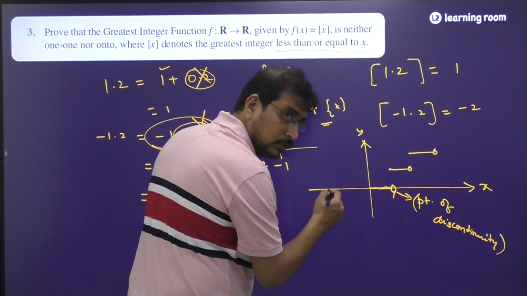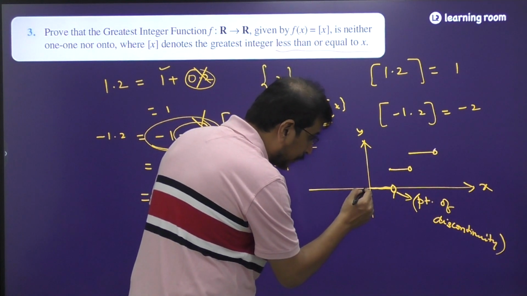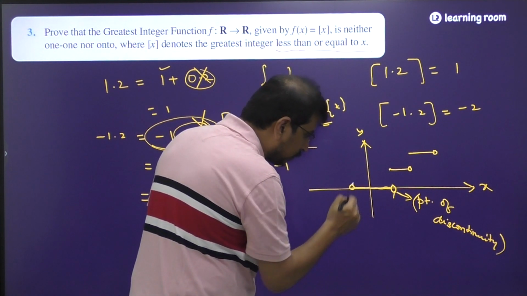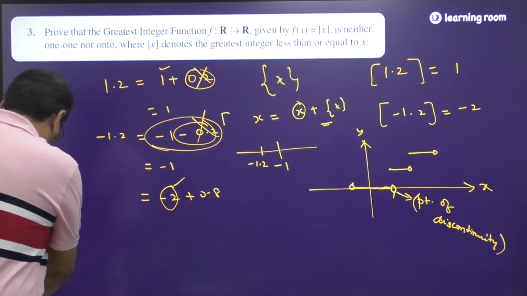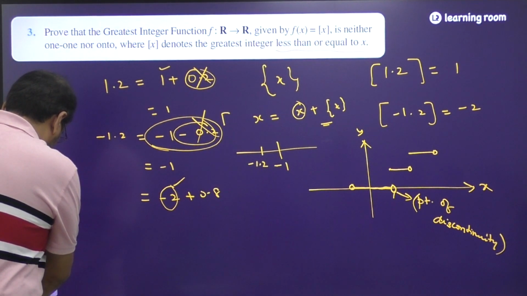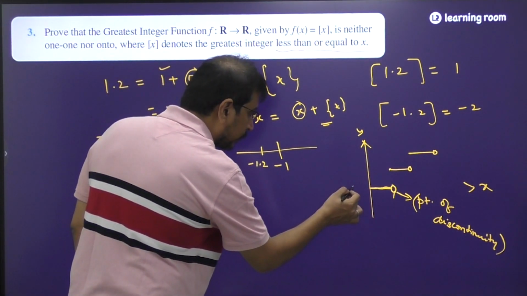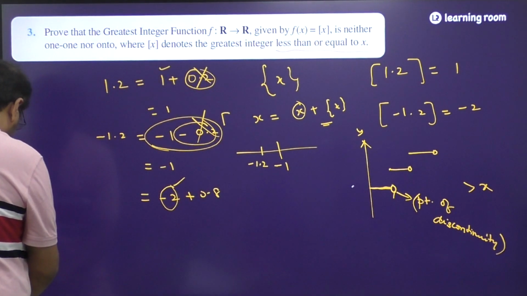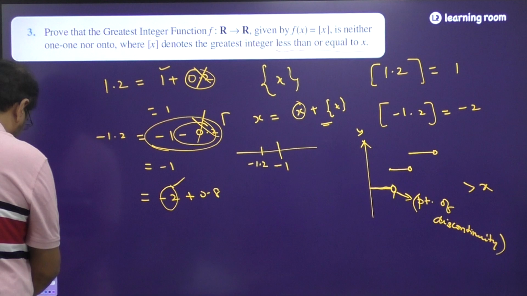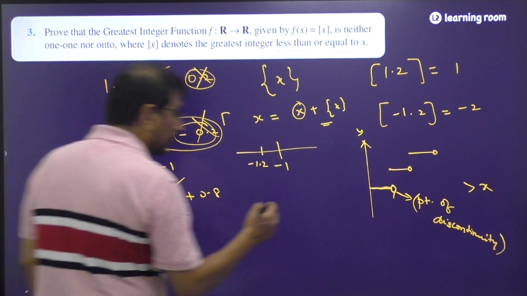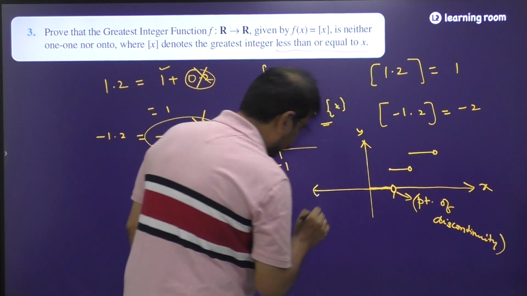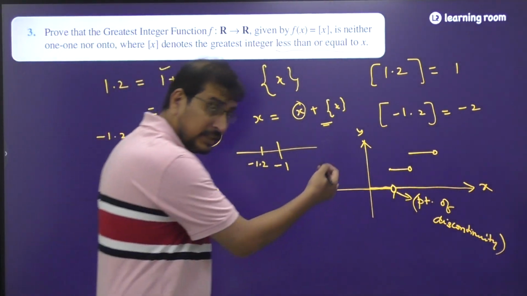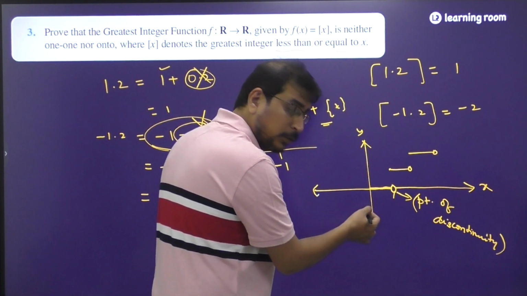Similarly, here at the bottom, what will happen? 0 to minus 1. So I should draw it like this. No, no. Okay. Then how should I draw? Tell me. So below the x-axis. What will be the first point where it will start?